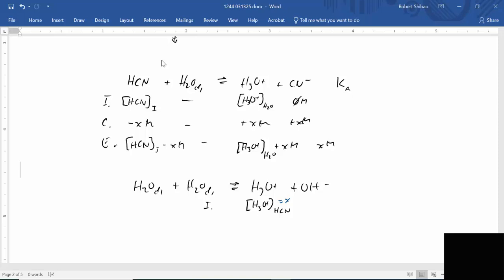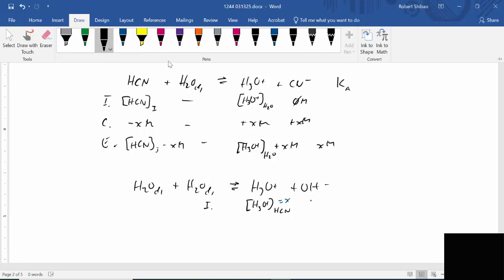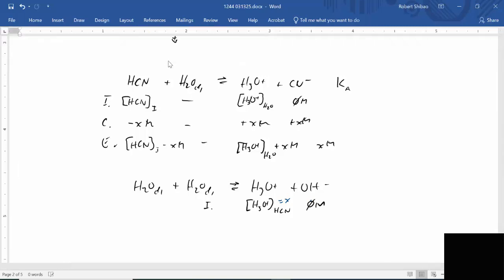But I'm going to reset the water. So initially there's no hydrolysis of water. And so this is 0 molar here. And then I'm going to allow this to hydrolyze. But I don't want to use X. So I start off with the waters not colliding. And then instead of calling it X, I'm going to call it Y, because I already used X here. And this is X here. So I don't want any confusion. So what I'm going to do is the change here, I'm going to get additional hydronium, which we'll call Y molar here.